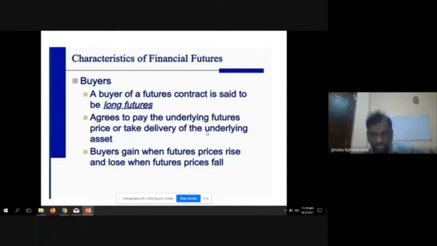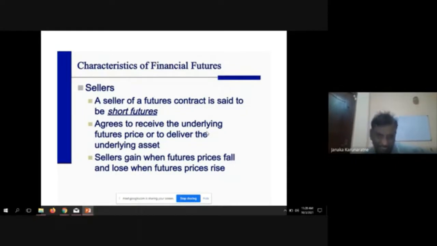Then you gain, because you agreed to buy at a particular price, but the price goes up. What usually happens is you sell the futures contract at the higher price at maturity and settle the existing contract, so the difference is settled. Today, when you buy a futures contract for 3 months and at maturity the corresponding futures price has gone up, deliveries usually don't take place; there's a settlement for the difference. The opposite happens if the price drops because of rising interest rates: you agreed to buy at a particular price, but the price dropped, and so you lose.